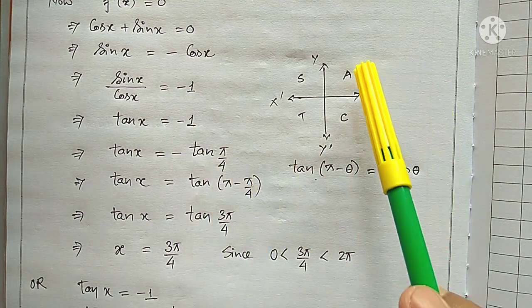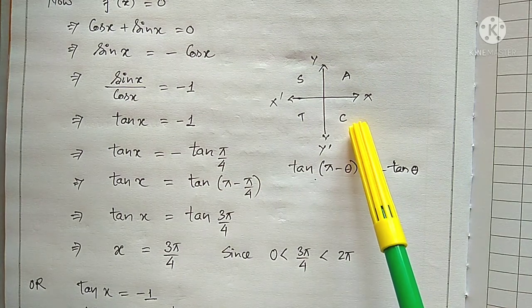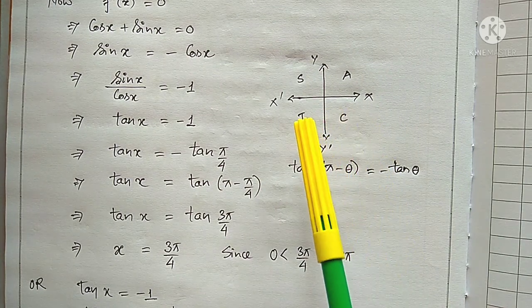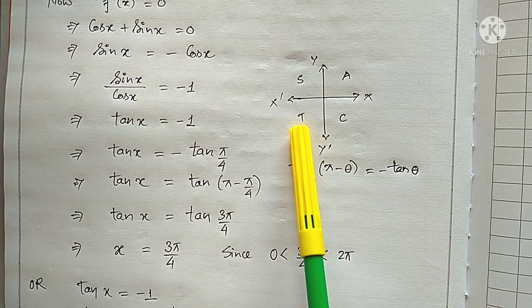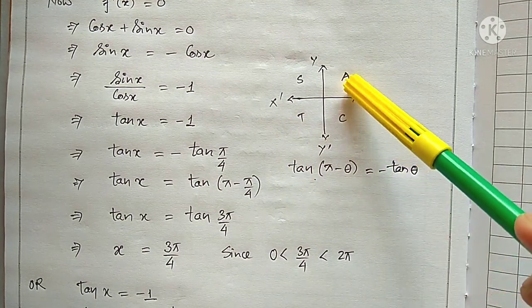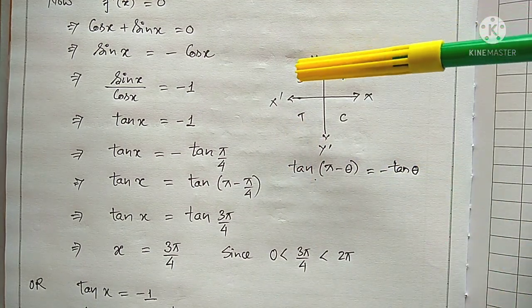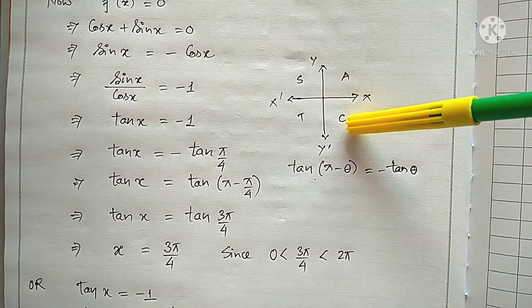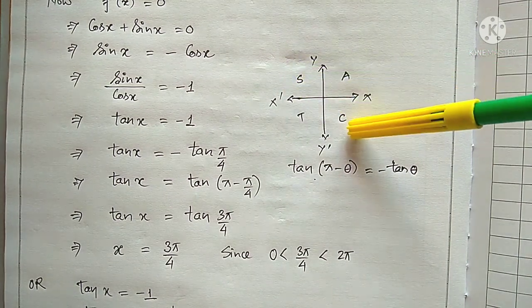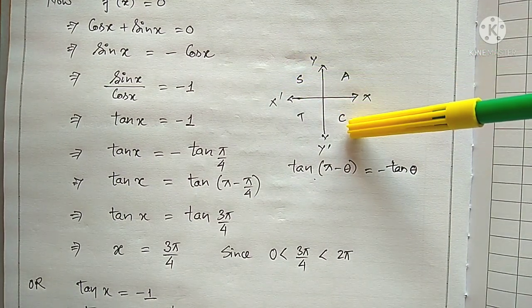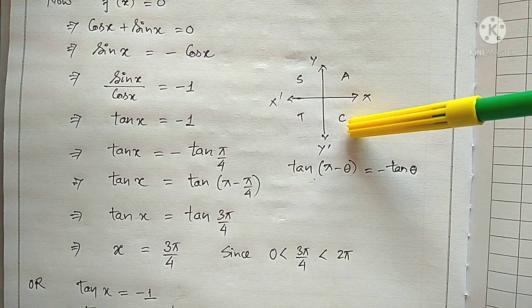According to our ASTC rule, in which quadrants is tan positive? Tan is positive in the third quadrant and first quadrant, isn't it? So we get the result in the second quadrant and fourth quadrant, where the value of tan is negative.